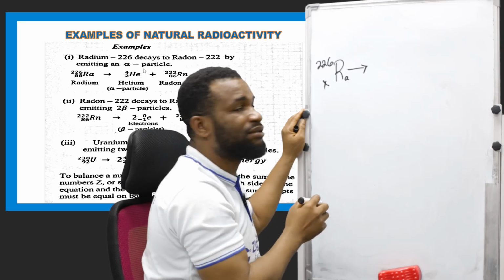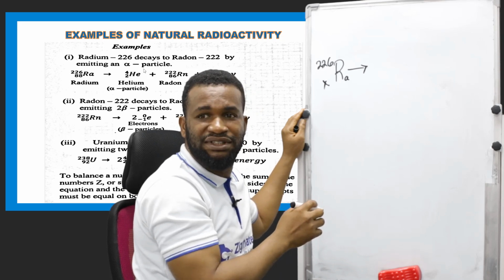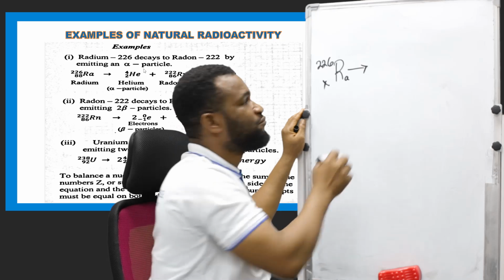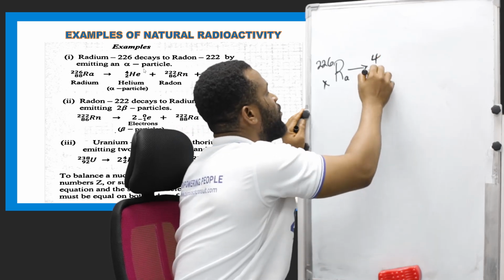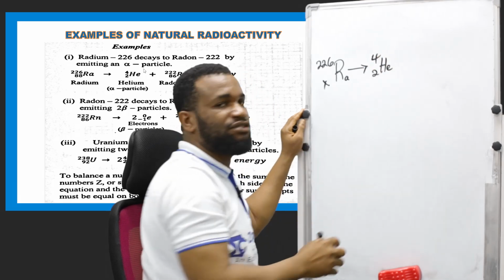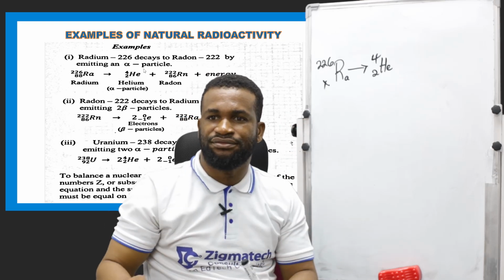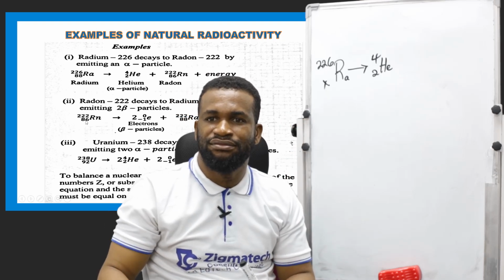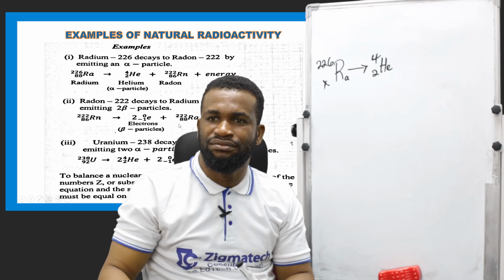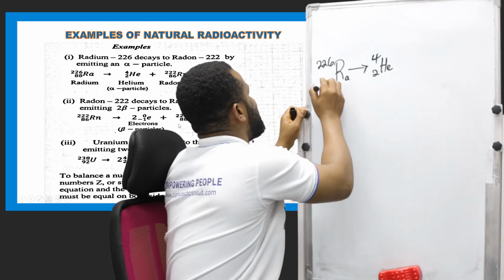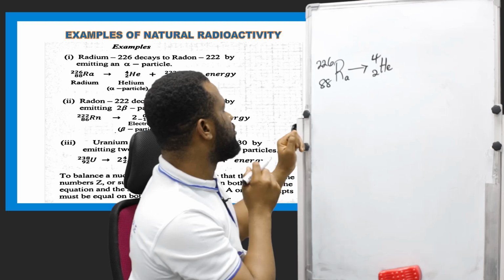The alpha particle given out is written as 4,2, which is a helium atom. We have 88, which is the atomic number of this atom.